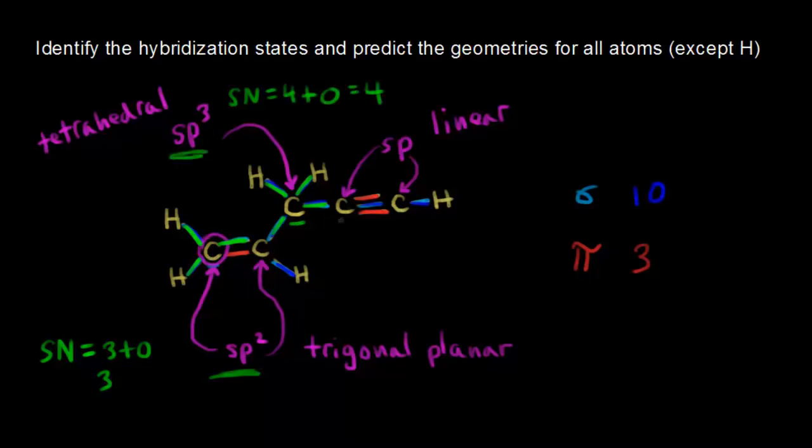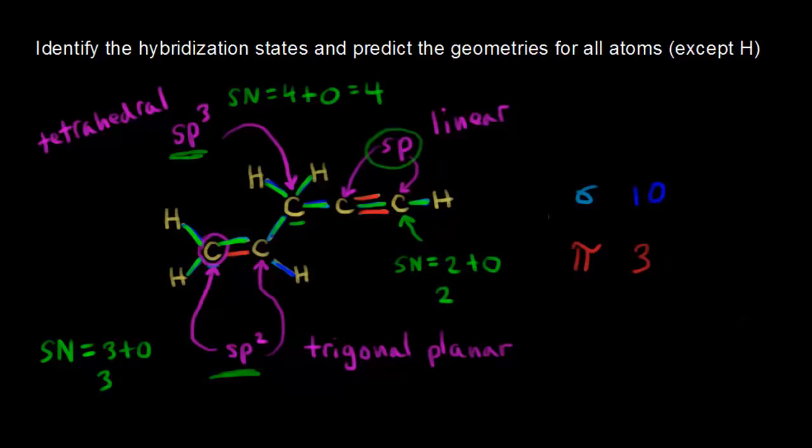And then finally, let's do it for this carbon right here. So using steric number, steric number is equal to the number of sigma bonds plus the number of lone pairs of electrons. So there are 2 sigma bonds around that carbon, 0 lone pairs of electrons, steric number of 2. Means I need 2 hybrid orbitals, and with sp hybridization, that's what you get. You get 2 sp hybridized orbitals like that.